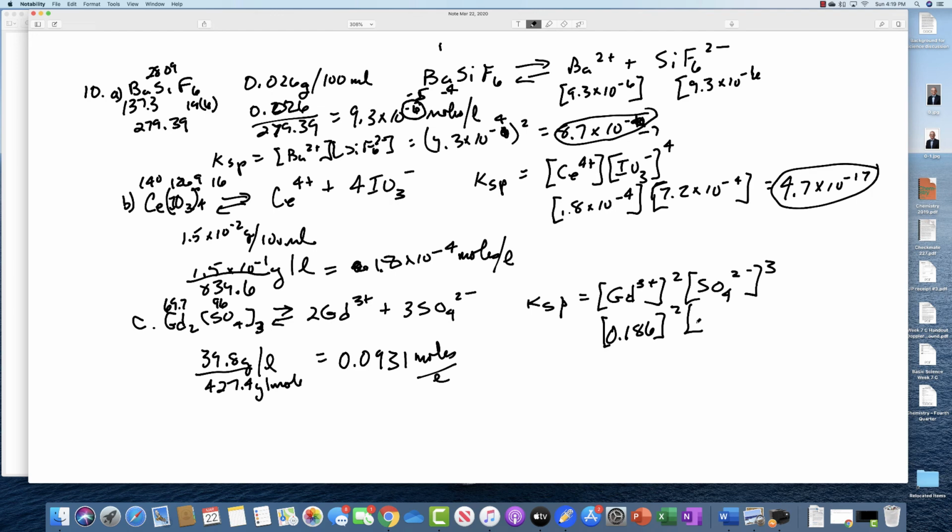and it'll be 3 times that for the sulfate, which is 0.279 cubed.